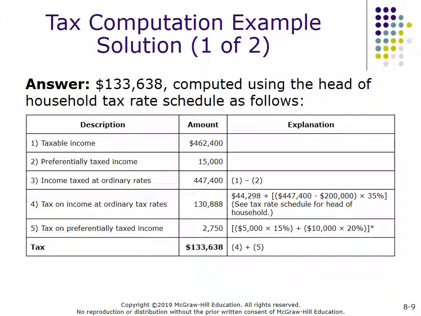So the remaining $10,000 will be taxed at 20%. So she still gets preferential rates on that $15,000. It's just not all at one tax rate because she's in that area where you're going from one rate to another. So you have to be careful of that when calculating it. So her total tax would be $133,638.